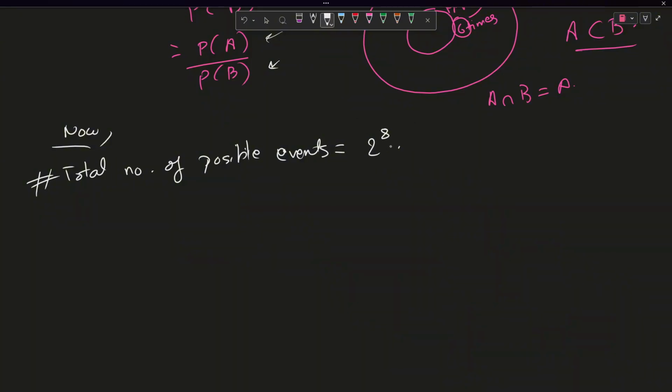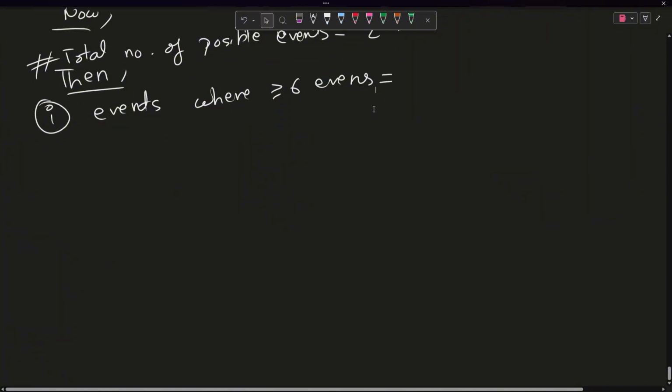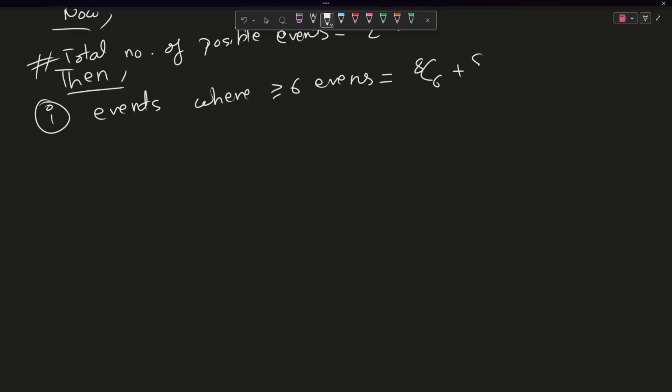Then the events with at least 6 evens: this is either 8C6 plus 8C7 plus 8C8.